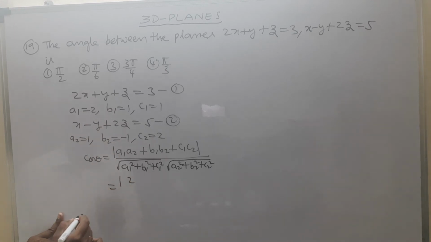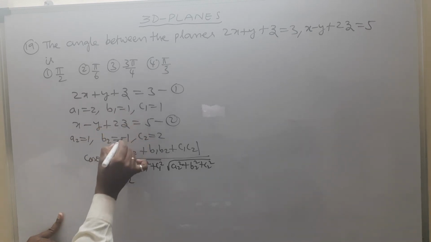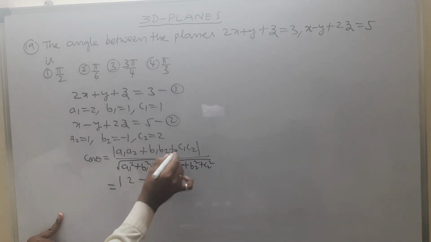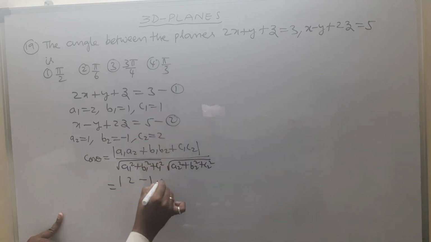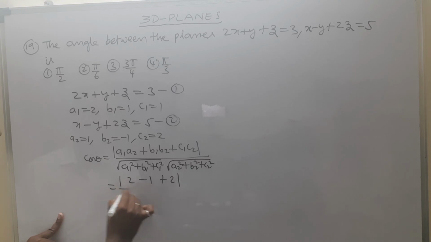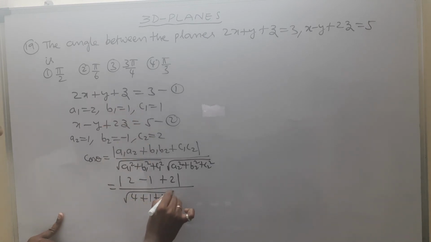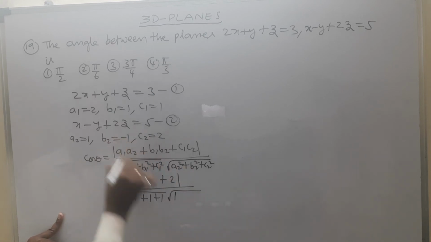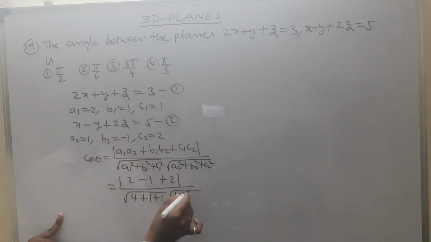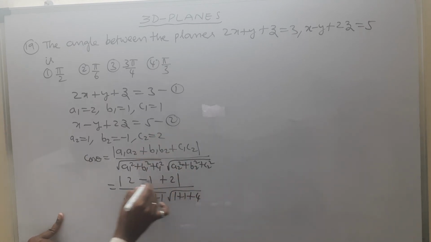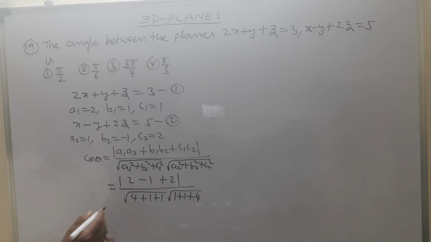Modulus of 2, b1 b2, 1 into minus 1, minus 1, c1 c2, 1 into 2, 2, by root of a1 square, 2 square 4, b1 square 1 plus c1 square 1, a2 square 1, b2 square minus 1 whole square plus 1. Next c2 square, c2 is equal to 2, square 4. 2 plus 2, 4, 4 minus 1, 3.